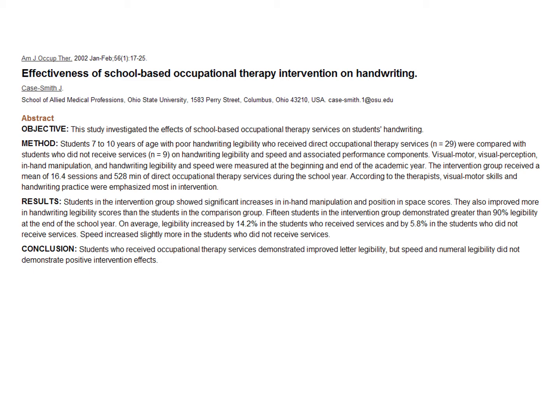Nonetheless, this study did show that the individuals who received occupational therapy did demonstrate improved handwriting legibility. And so I think that this is another design that would hopefully indicate the need for a randomized control trial to truly determine if occupational therapy can play a role in improving handwriting legibility.